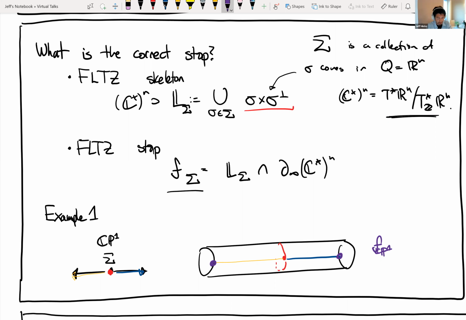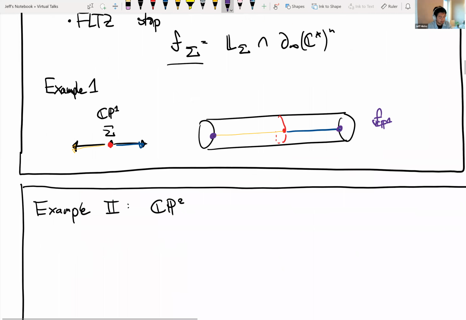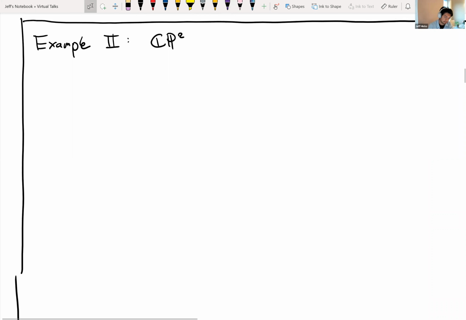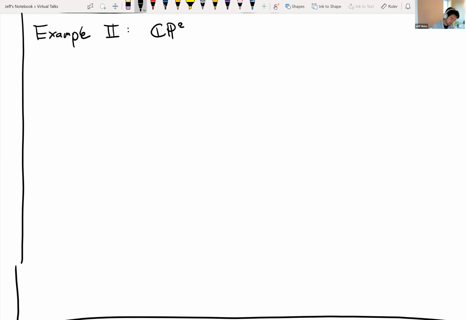I'm going to now move on to the example which I'm going to focus on for the rest of this talk, which is CP2. So the fan for CP2 has 7 cones, 1, 2, 3, 4, 5, 6, 7.